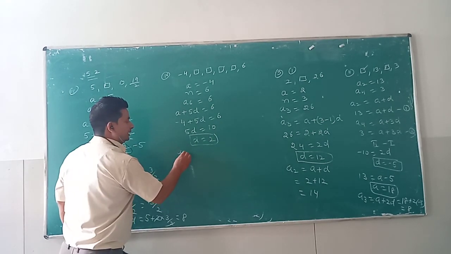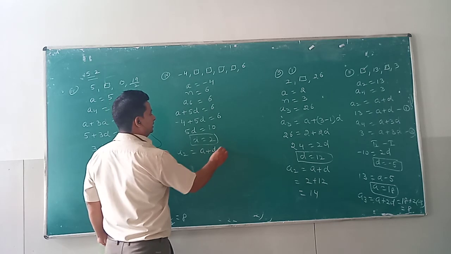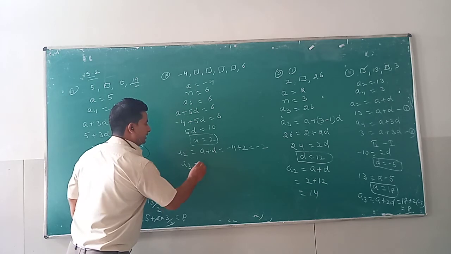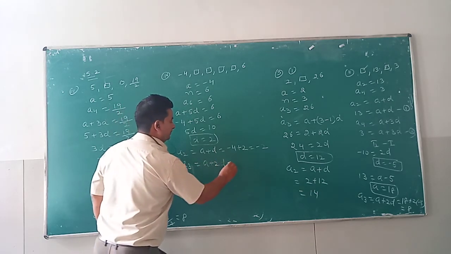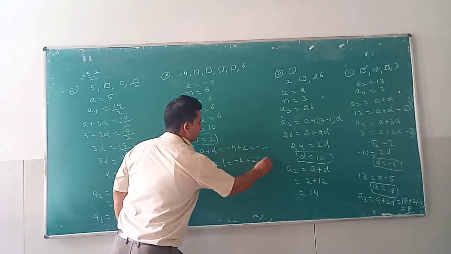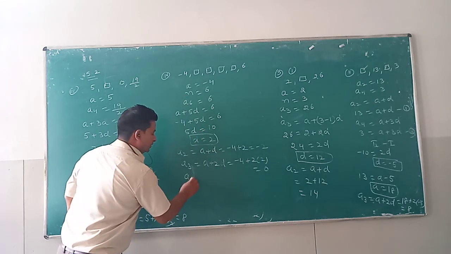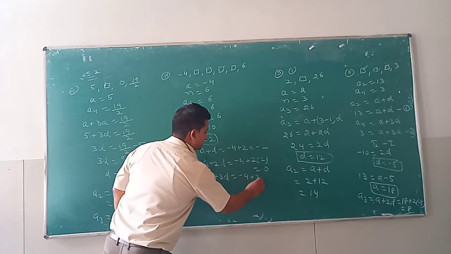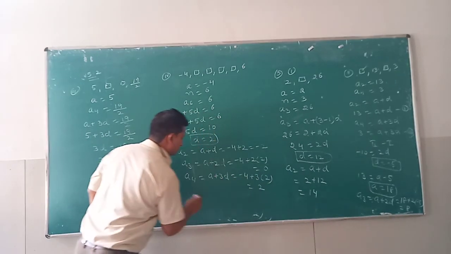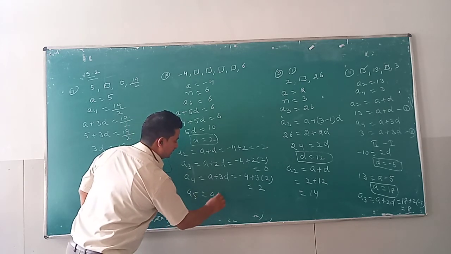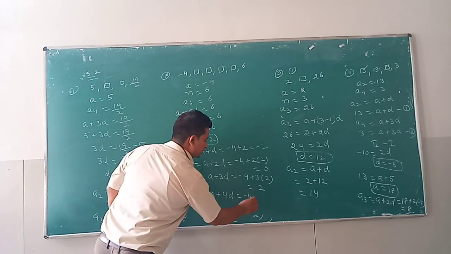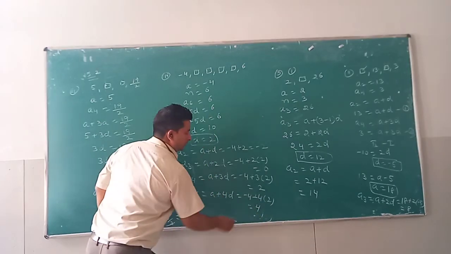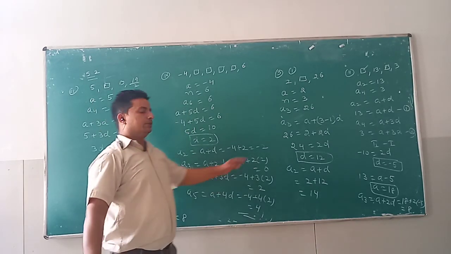In this AP, a2 is a plus d, which is minus 4 plus 2 equals minus 2, and a3 is a plus 2d, minus 4 plus 2 into 2, which is equal to 0. a4 is a plus 3d, minus 4 plus 3 into 2, which is equal to 2. a5 is a plus 4d, minus 4 plus 4 into 2, 8, which is equal to 4. So these are the missing terms.